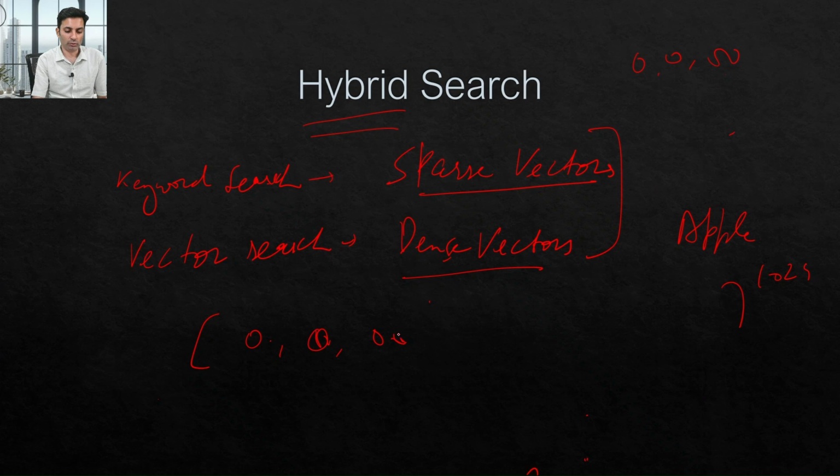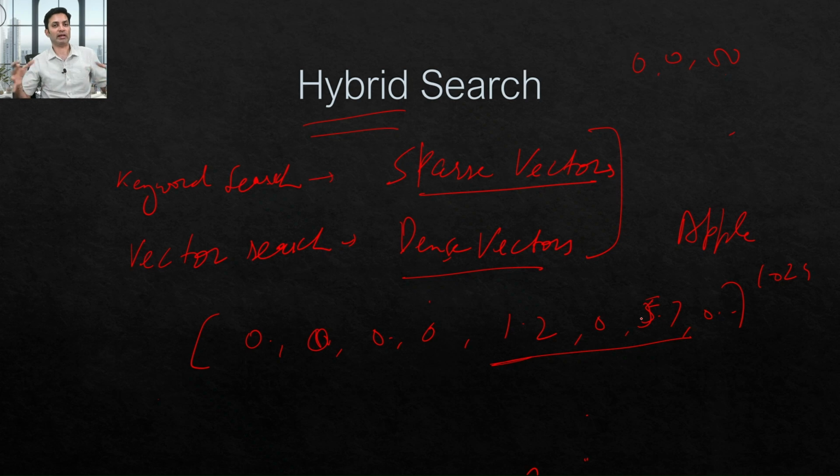Most of the dimensions will be 0, but at some places it will have some number. So 1.2, 0, 5.7, like that, and so on. So it is easier to search the term match.